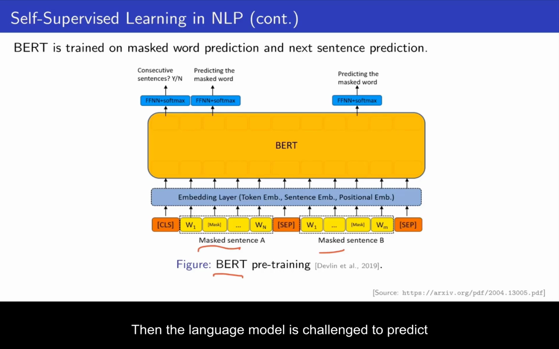Then the language model is challenged to predict if the provided sentences are consecutive and to predict or correct the masked words. Through this pre-training method, the BERT model can learn the semantics of language, and it produces very contextualized word embeddings that adapt according to the surrounding sentence.